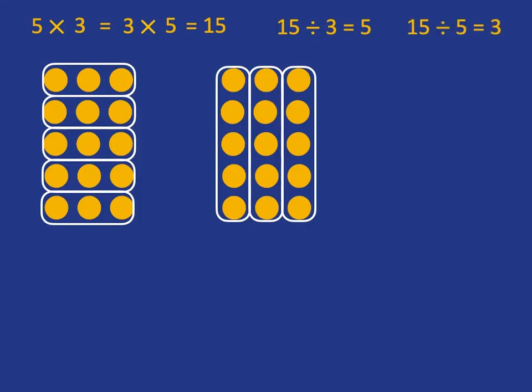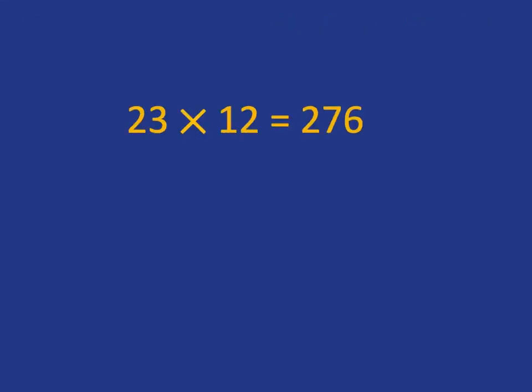And similarly, we can also see that 15 divided by 5 will be 3, because we're asking how many groups of 5 are there in 15, and there are 1, 2, 3 of them. So multiplication and division are related.